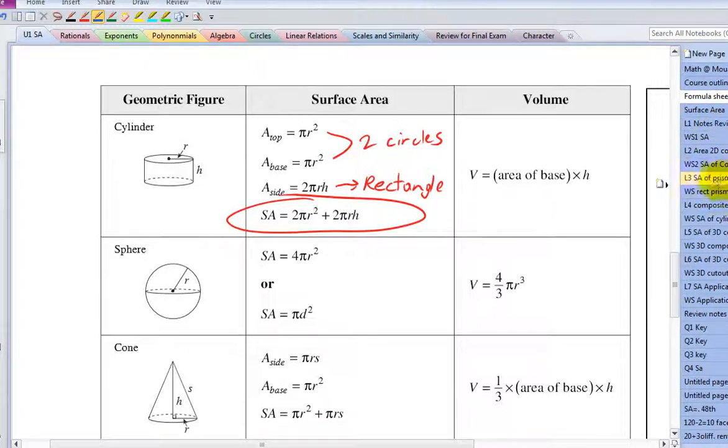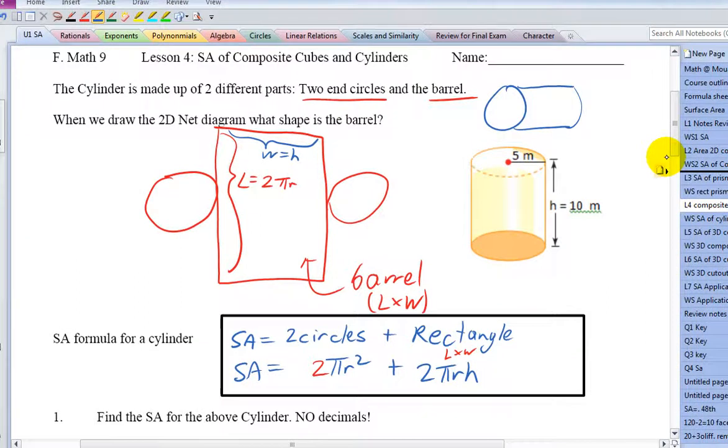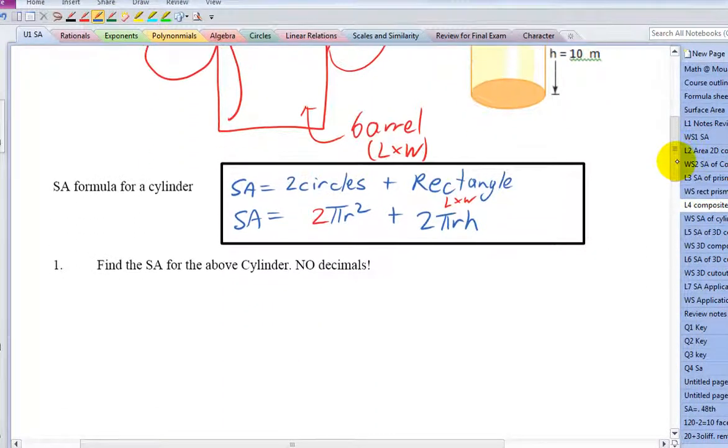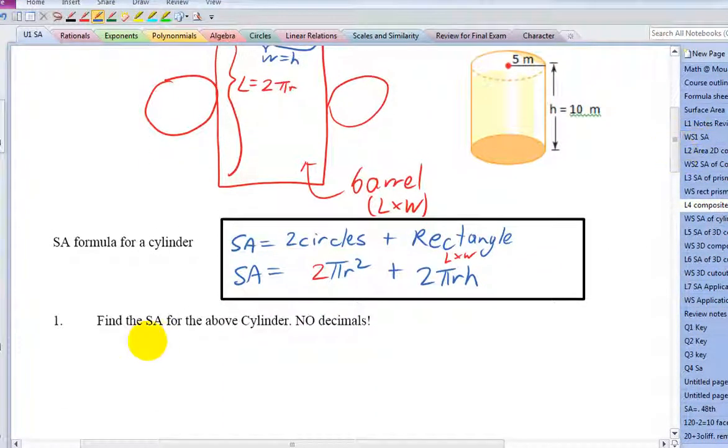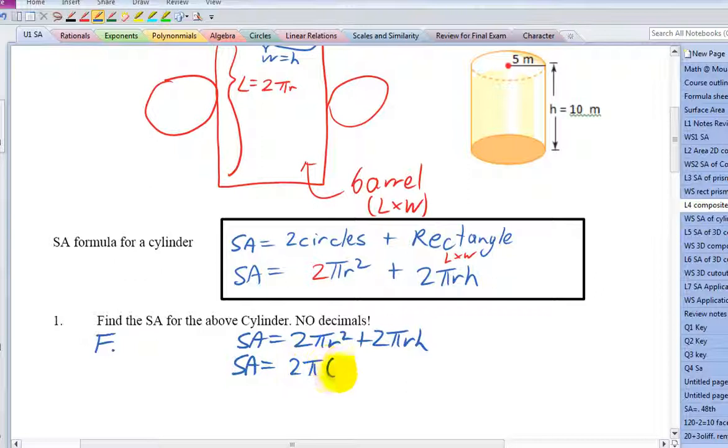Let's use this now. We have here surface area for the above cylinder. So write your formula. Surface area equals 2 pi r squared plus 2 pi r h. 2 times pi, the radius is 5, so we substitute in.